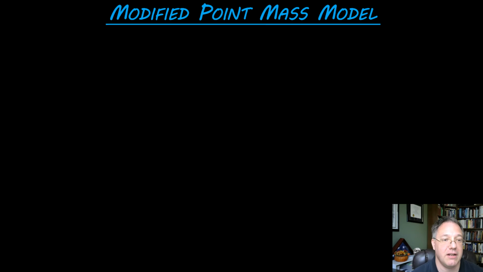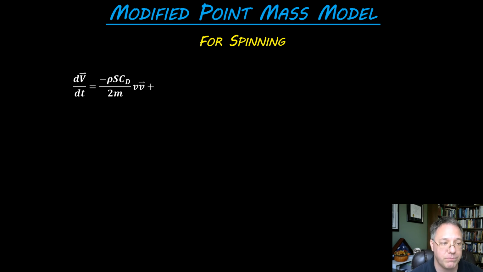Now that we understand how to get this yaw of repose that does not change, remember, that's our key assumption here, that we've got a constant yaw, based on this yaw of repose. I'm going to talk here just about spinning projectiles. There are other equations we could get into for non-spinning projectiles when you do that derivation.